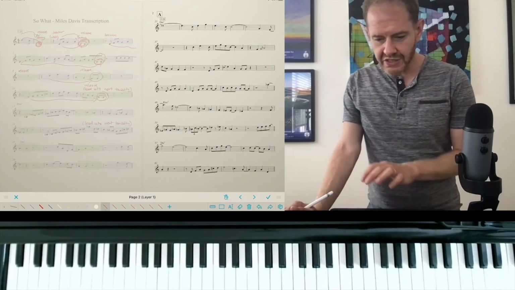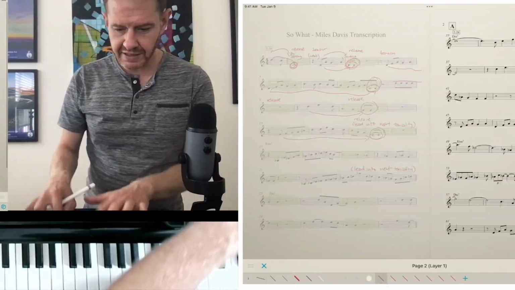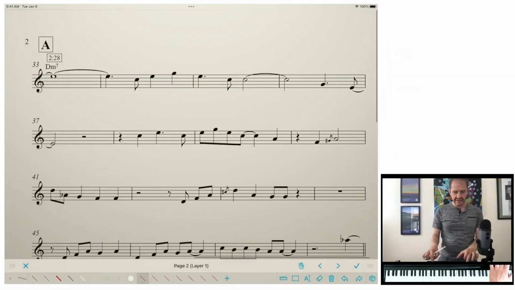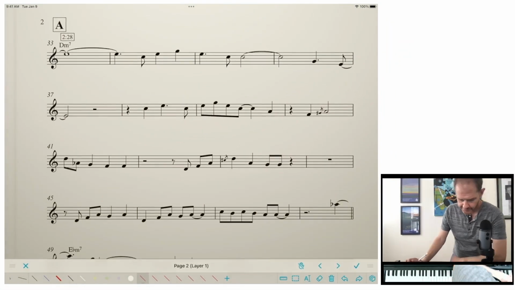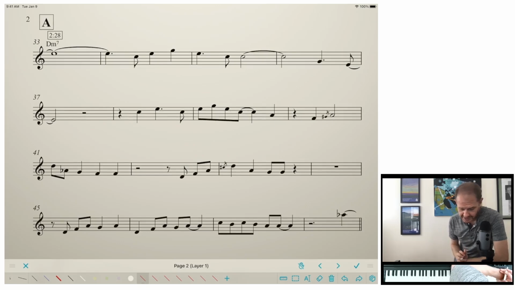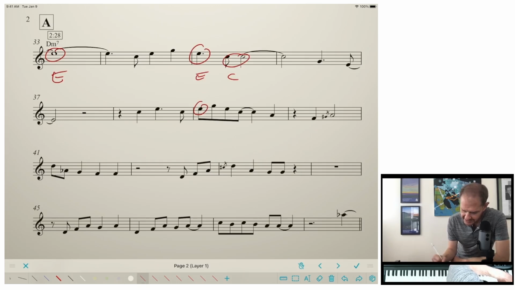Now, what's really interesting, and I haven't gone and highlighted this yet, is that this is his second chorus. Now we're not looking at Ds anymore. Now he's done exactly what I did at the beginning of this demonstration. He's choosing an E and sometimes a C as his stable note.